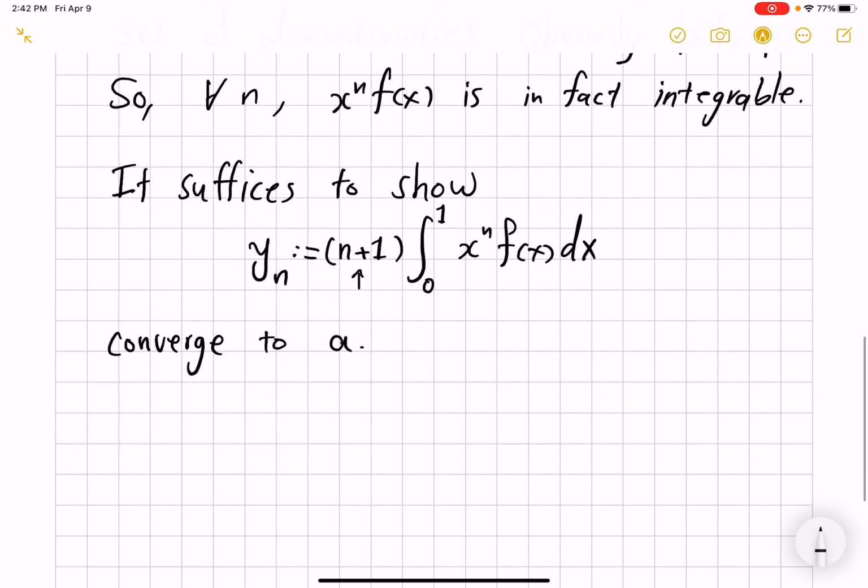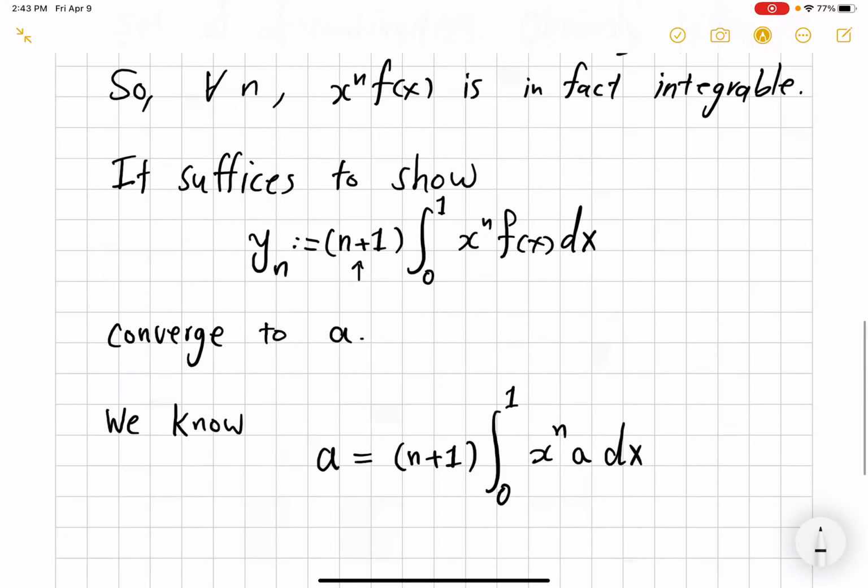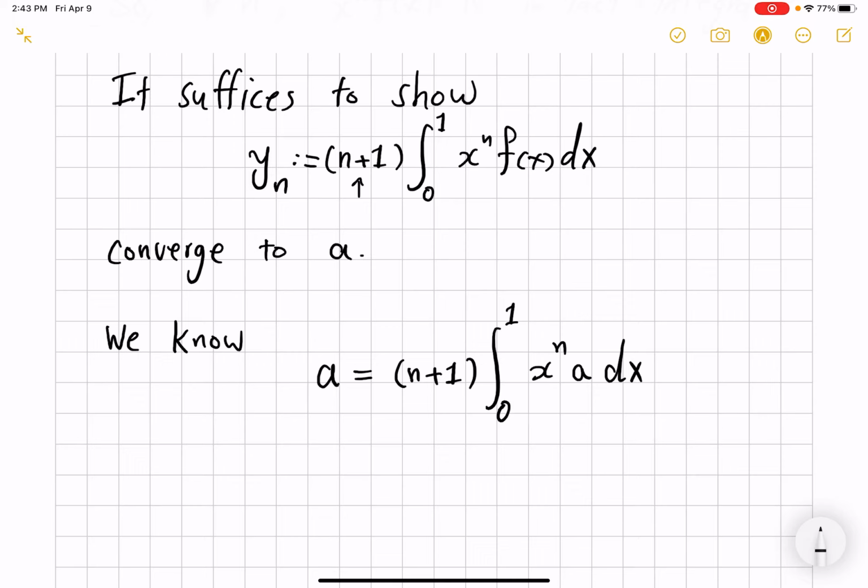Now, the reason I want to do this is for the following fact that we know about a. It follows from an easy computation that n plus 1 times the integral from 0 to 1 of x^n a dx recovers a.